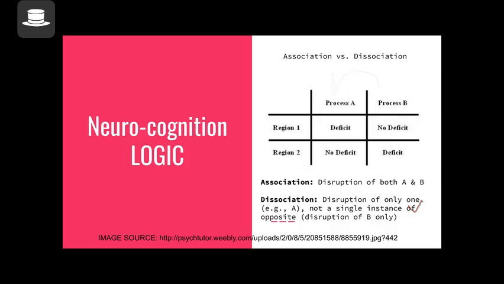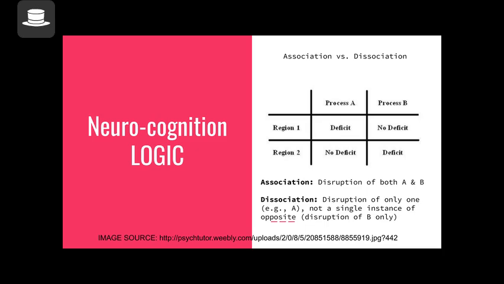So this shows that there is some level of dissociation, but not complete dissociation. In other words, maybe one mental process is dependent on the other mental process, so when one is disrupted, the other one is also disrupted.